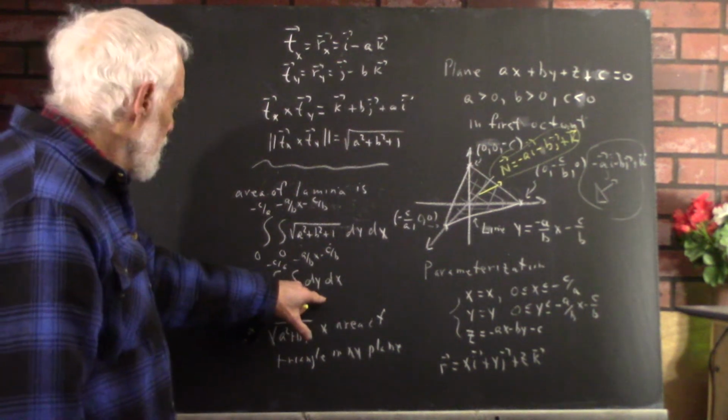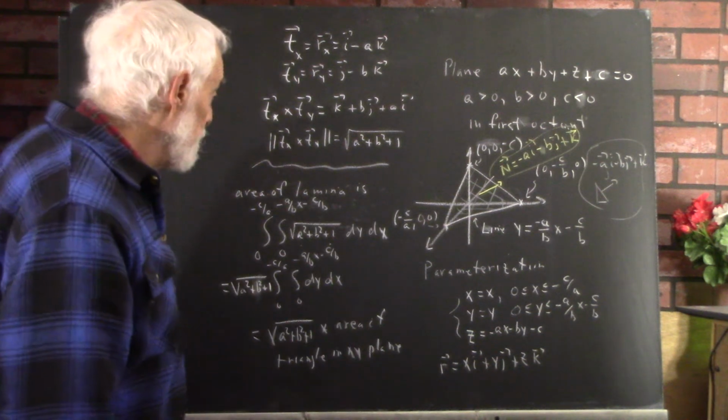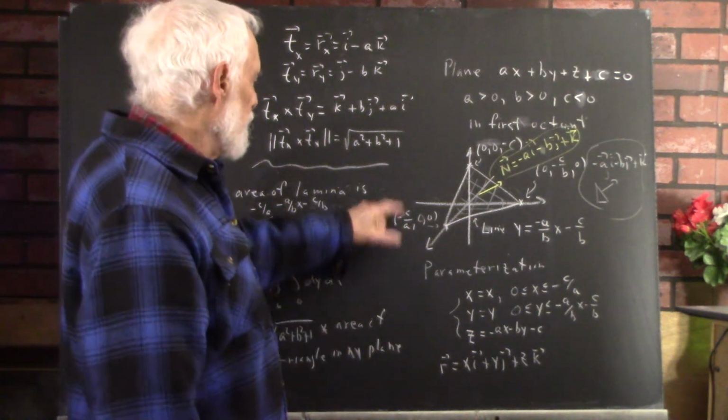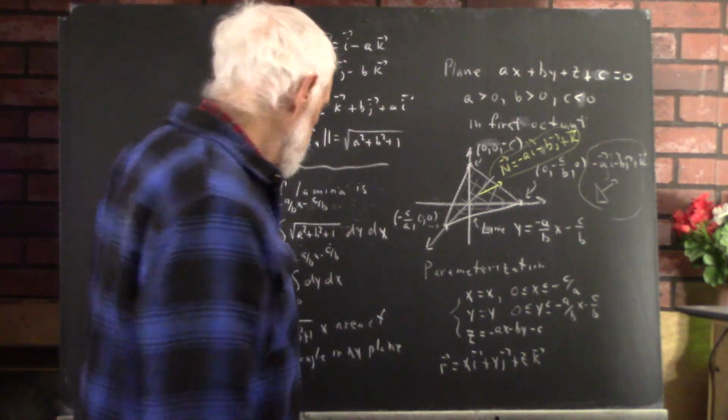Now the integral that you're left with is just the area integral of this triangle down in the xy plane, which has dimensions negative c over a by negative c over b.